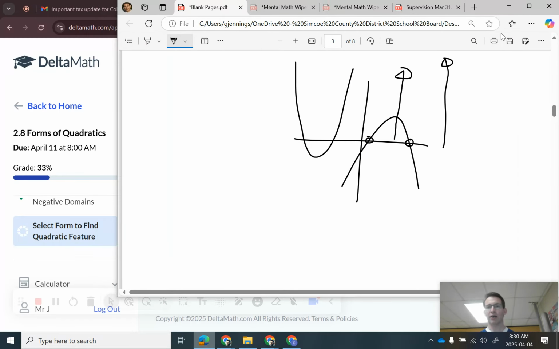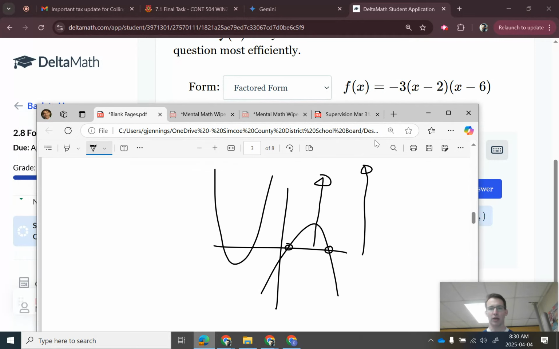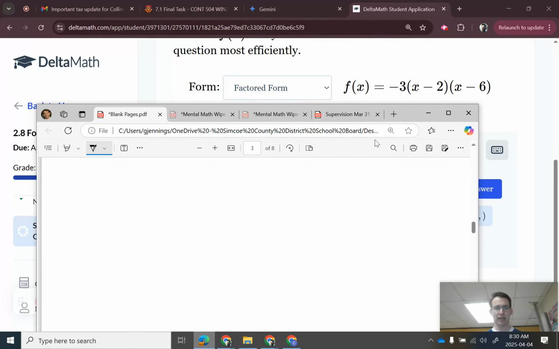So here, if I am going to analyze that, it's going to look like this. Here's my x-axis. Here's my y-axis. This is a quadratic that opens downwards. It has a root at 2, and it has a root at 6. And it opens downwards, so it looks like this.